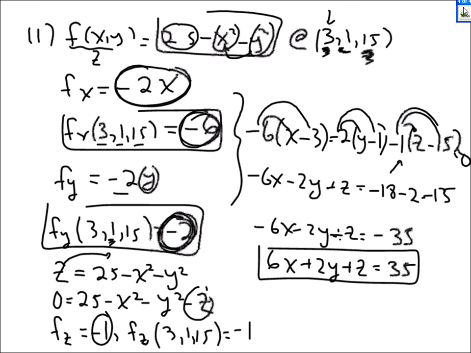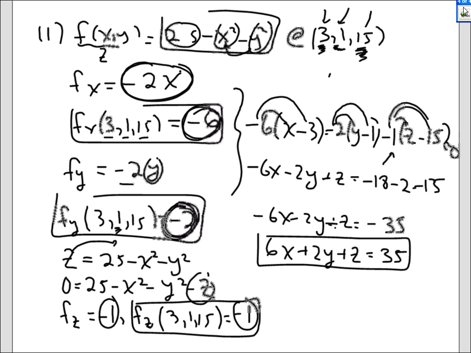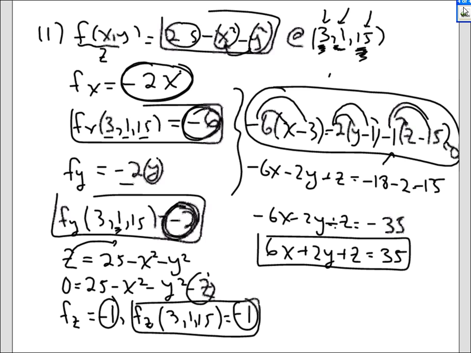You do negative 2 times y minus 1. F sub z at the point is negative 1. You go minus 1 times z minus 15. And that equals 0. What I said is right there. That's the equation of the tangent plane.